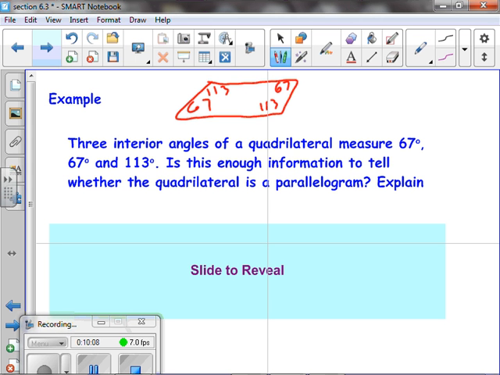However, there's another possibility here. I could have something like this. I could have 113, then I could have 67, then 67 again. Let's see, could I draw that quite correctly? Yeah, that looks about right.